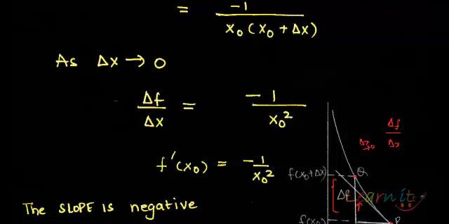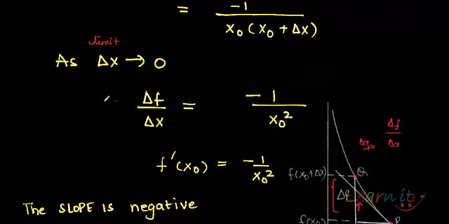Next, we need to see what happens as the limit change in x goes to 0. So the second part is taking the limit as change in x goes to 0.